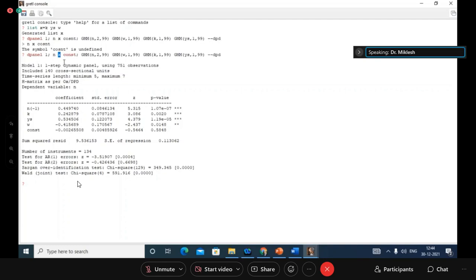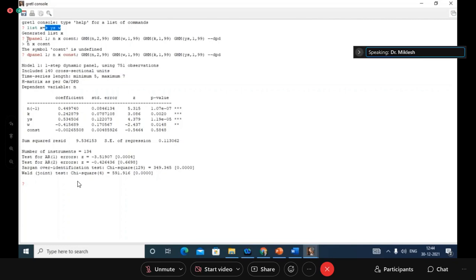I simply write x. Why x? Because the moment I write x, I get all these k, y, s, w. I do not have to write k, y, s, and w again and again. Simply write x, and automatically all independent variables will be included. Right?